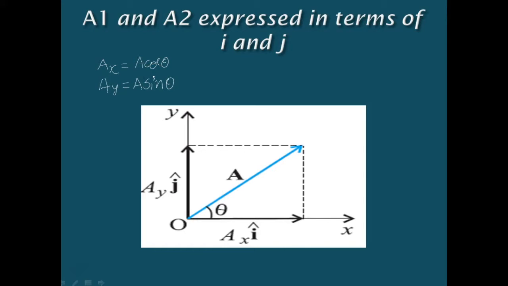So we already know a component of a vector can be positive, negative or 0 depending on the value of theta. Now we have two ways to specify a vector A in a plane. One way is its magnitude A and the direction theta it makes with the x-axis.